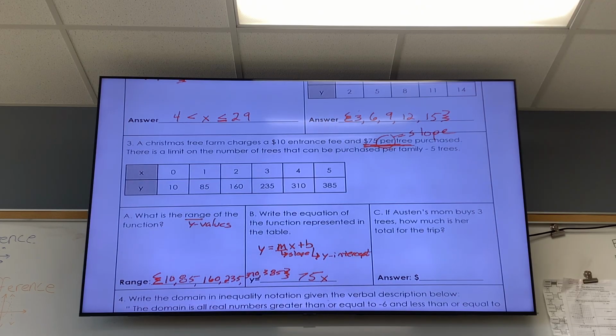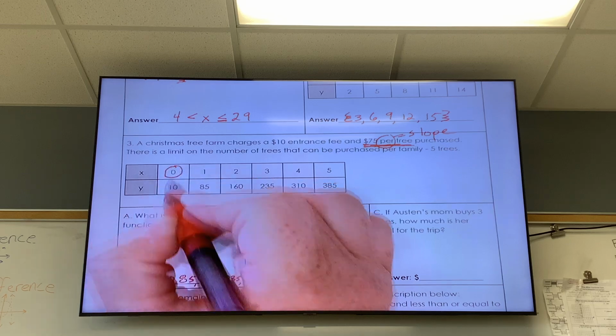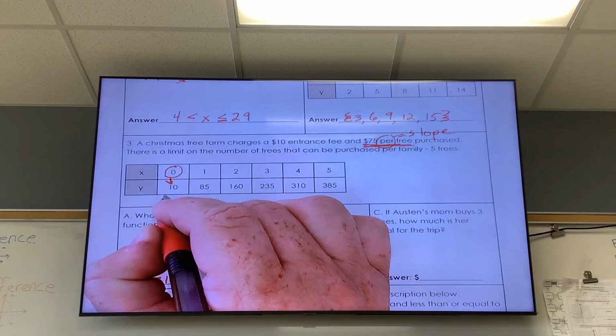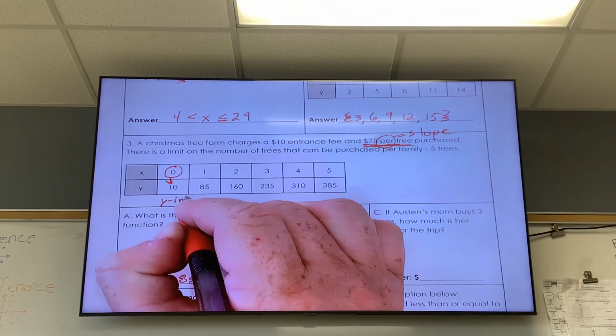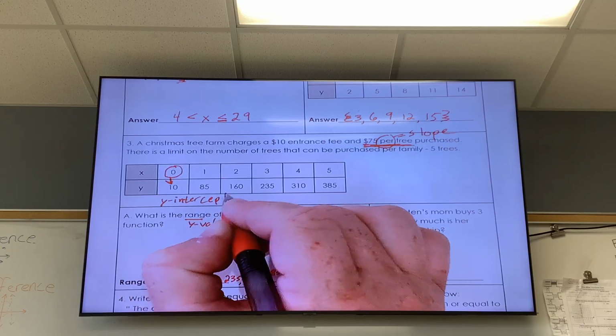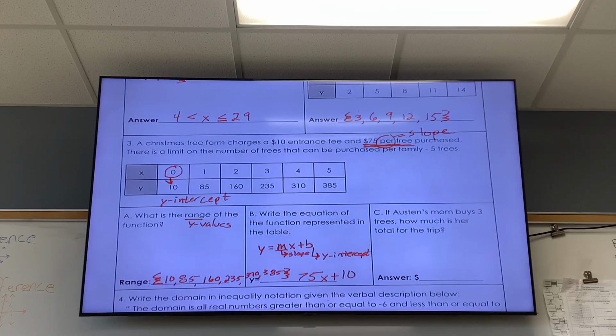Then we're looking for our y-intercept. Our y-intercept is where x is equal to 0. So in that case, we need the number 10. This is our y-intercept, again, because x is equal to 0. So this is going to be plus 10. So our equation is y equals 75x plus 10.